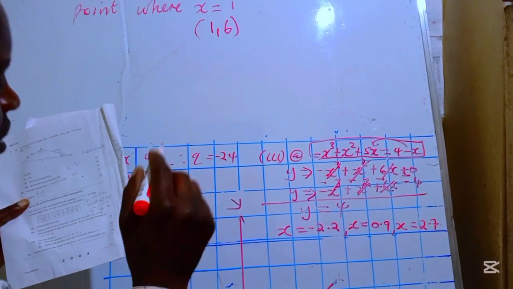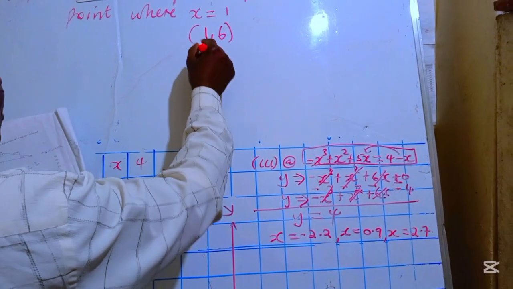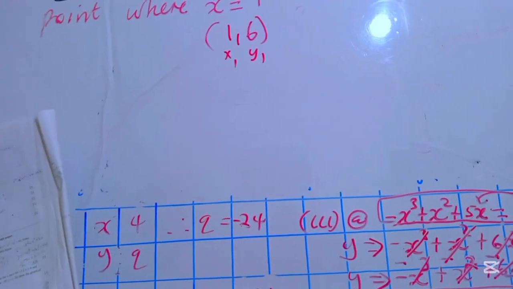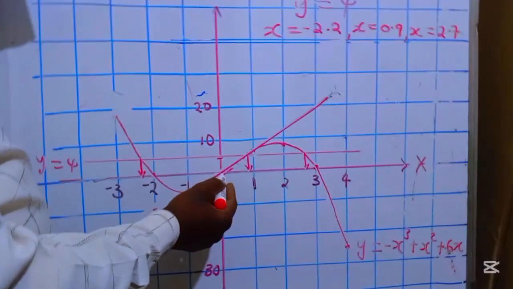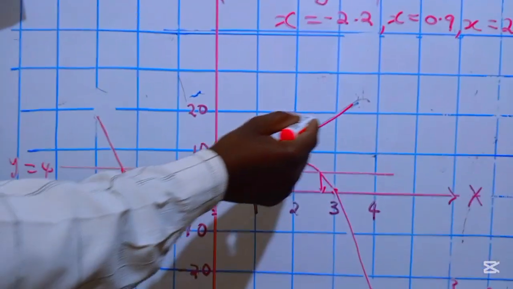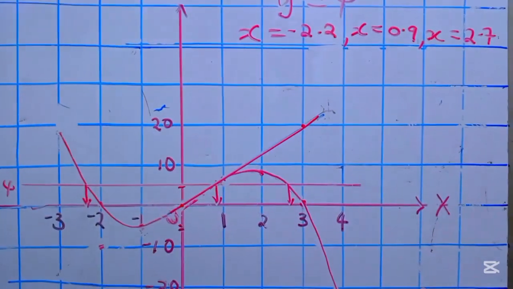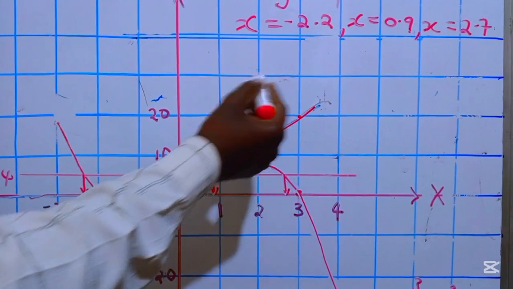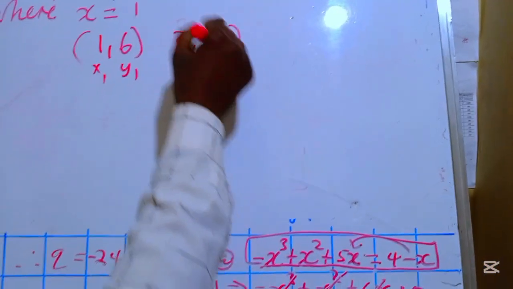So this 1,6 is the first point. So this is my x1, y1. From there, following this line, you'll find that maybe it passes through 0,0 here. These are clear points. Another one, I can find somewhere there. It passes through, let me take 3,20. So the other one will be 3,20.